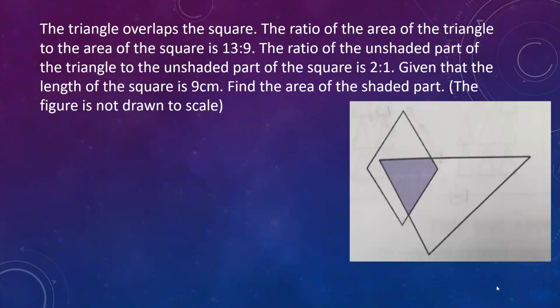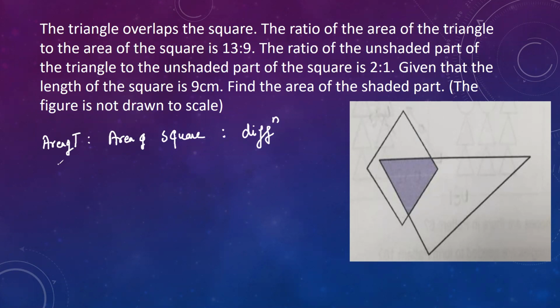So here the triangle overlaps the square. It says ratio of area of triangle to area of square, and then we take the difference.